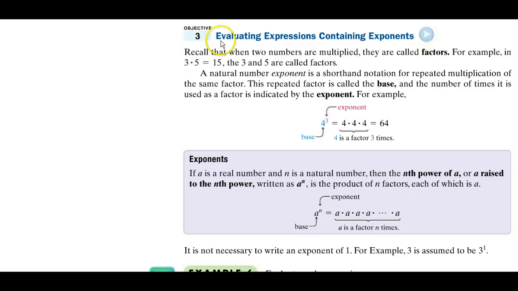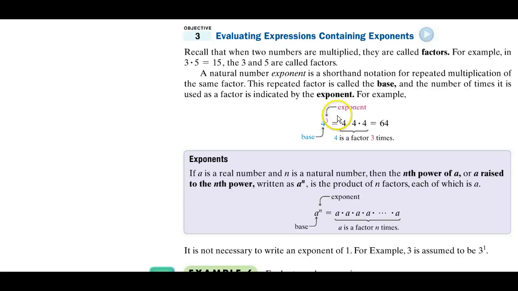Some vocabulary words. Evaluating expressions containing exponents. Well, the 3 times 5, these are factors. When you multiply factors, you get a product. Now, a shortcut in mathematics is when you have factors that are all the same, as we see here, we can write that in shorthand by putting a superscript number here, 4 to the 3rd power.